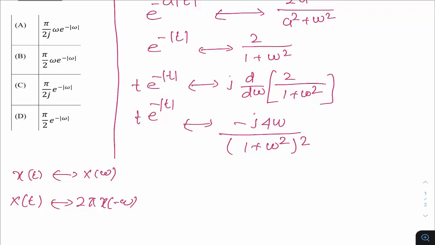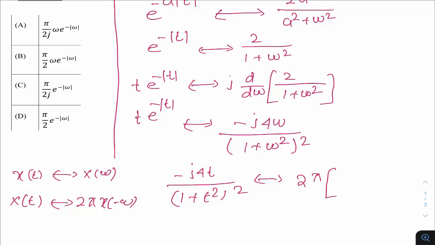If I use this, what do you get? If I am replacing in this function omega with t, I get minus of j4t divided by (1 plus t square) whole square. I have just replaced all omega by t. Its corresponding CTFT will be, by this property, 2 pi into x of minus omega.